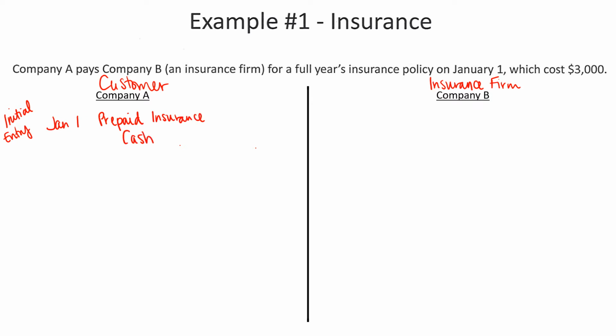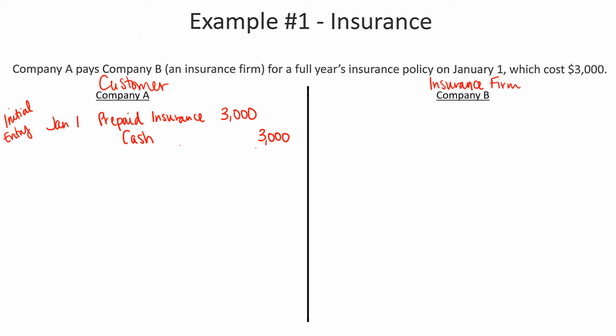The reason that this is considered prepaid insurance is because they're prepaying upfront for an entire year's policy. So it's not actually insurance expense yet. It will become insurance expense month by month as they actually reap the benefit of the insurance policy on a monthly basis. So initially they record the $3,000 as prepaid insurance and as cash going out.